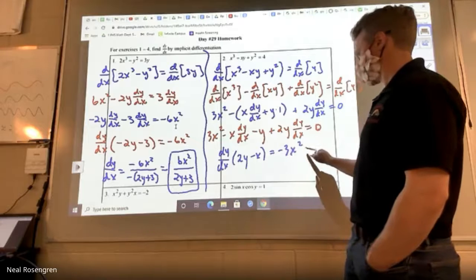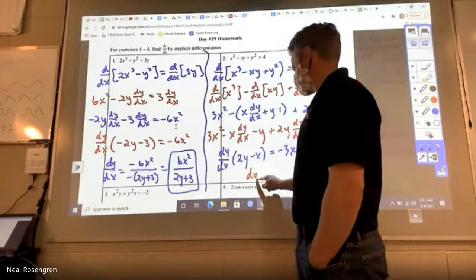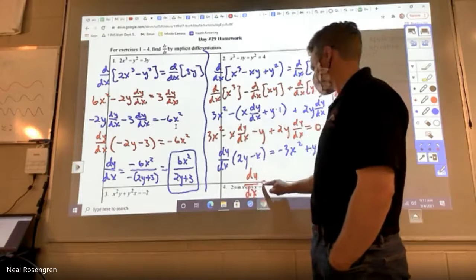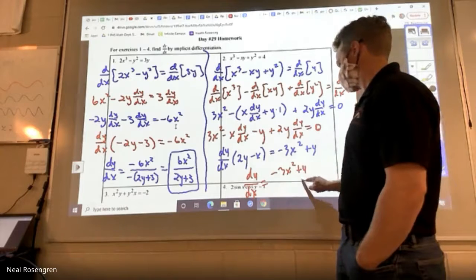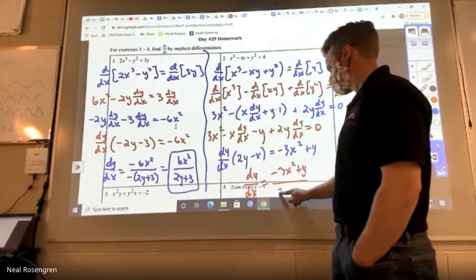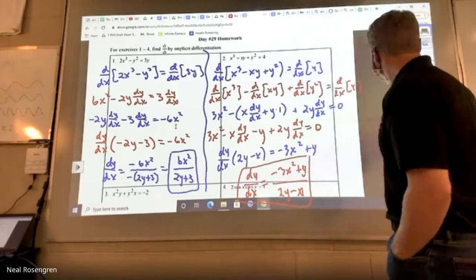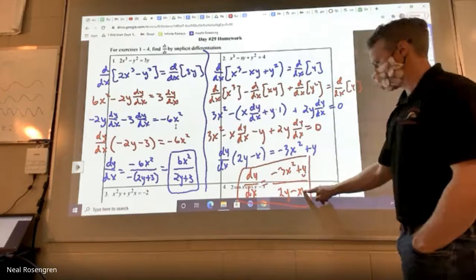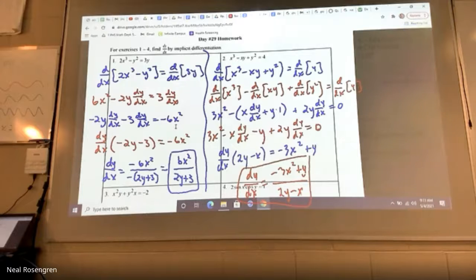Doesn't matter what order you put it in, so don't stress that too much. 2y dx. So there's 1 and 2 on 252.